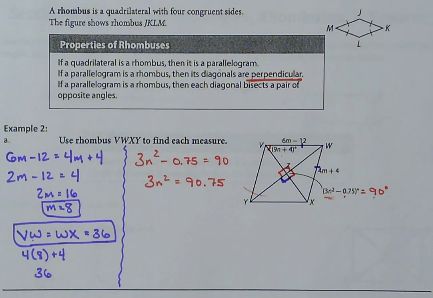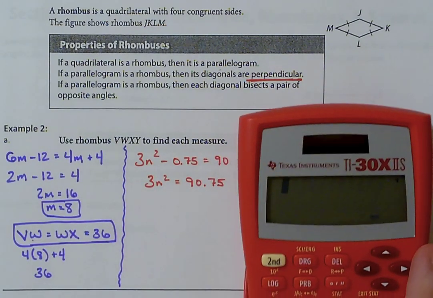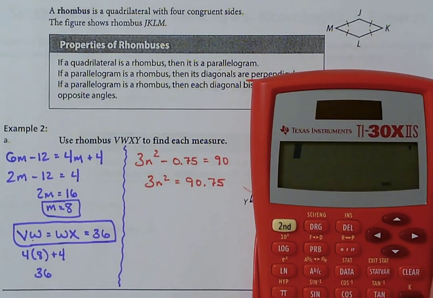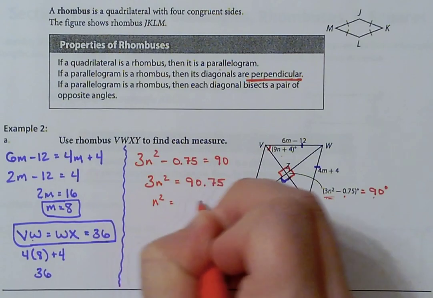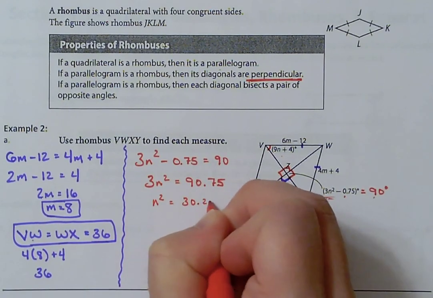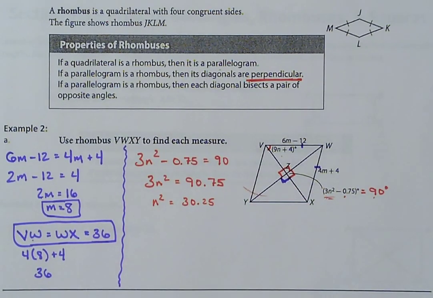We now need to divide by 3, so we're going to do 90.75 divided by 3, and we end up with 30.25. So we get n squared equals 30.25.